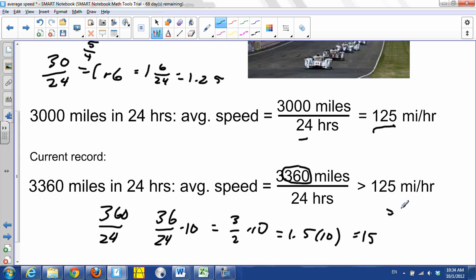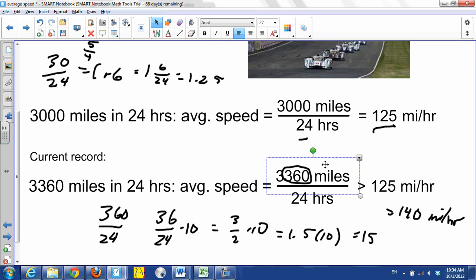So actually, the average speed there is 140 miles per hour. But my main goal here on this page was noticing that if you go further in the same amount of time, you had to be going faster. That should be pretty obvious.